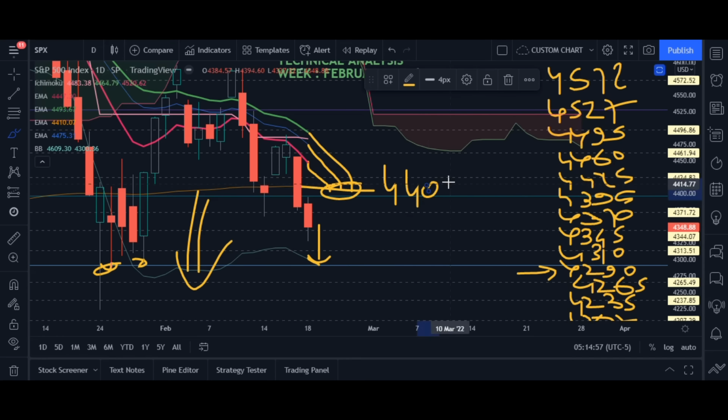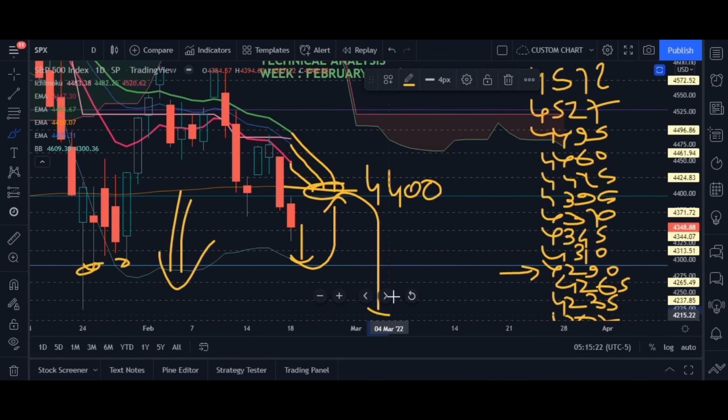So all of the moving averages are consolidating around 4,400 on the 23rd of February, Tuesday, which means whenever you see a rebound to hit this 4,400, including the 200-day moving average, it will give you an opportunity to sell, and then further the market will come down. So down, up, and down.